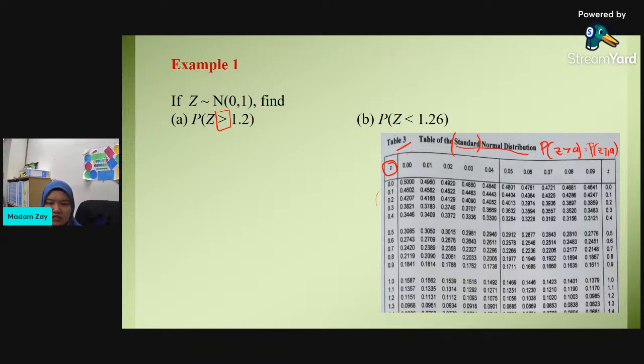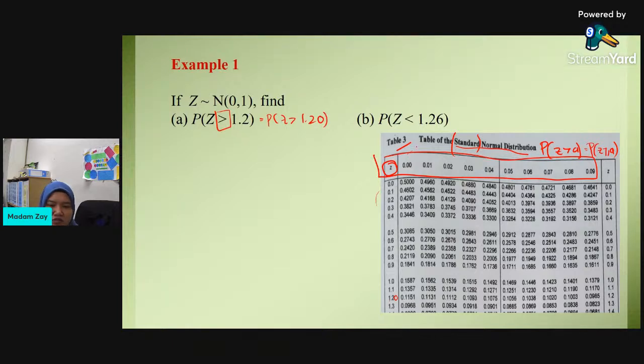Lepas tu kalau yang dalam bentuk row yang pertama ni nilai apa? Dia adalah indicate the second decimal. So maksudnya kalau macam soalan A ni dia nak probability of Z more than 1.2. So kita ada satu decimal je. Maksudnya 1.2 decimal yang kedua adalah 0. So this is equivalent to probability of Z more than 1.20.